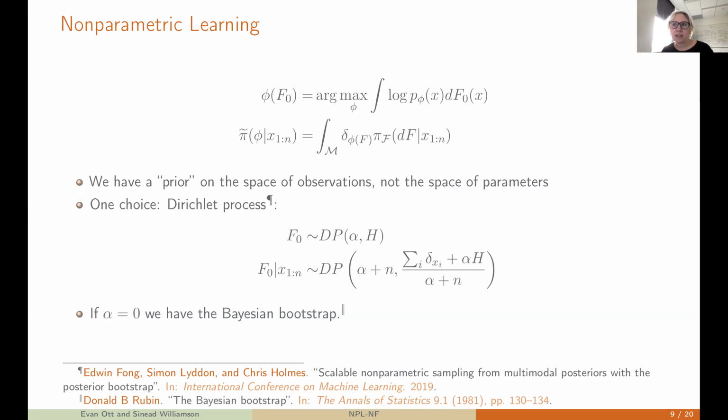So the Dirichlet process is what Fong et al. used in this paper. I'm using it because it's easy. You could easily sub something else in here, but Dirichlet processes are easy to work with. I'll just note as an aside, if we take the degenerate case of this, where alpha is 0, and we have basically a finite Dirichlet process / Dirichlet distribution here, then that gives us back the Bayesian bootstrap, right, that you might be more familiar with.